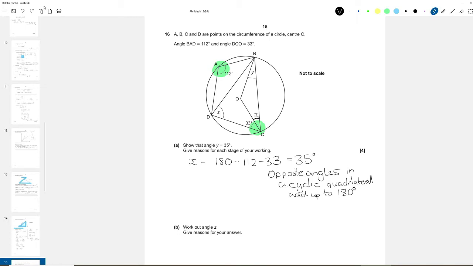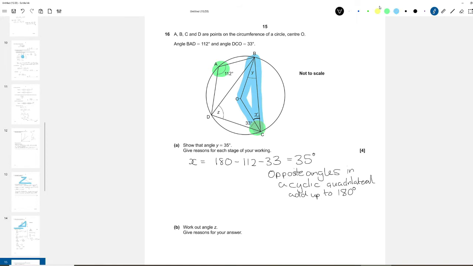Then the next step is that we know that since this O is the center and there are two lines here, this line and this line, they are the radius because they are touching the circumference. Therefore, this triangle here is an isosceles triangle.